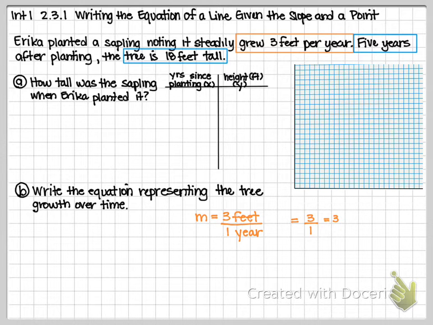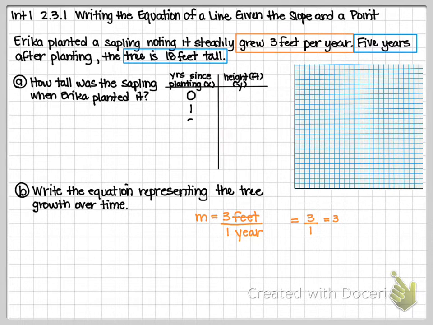I think I'm going to need to figure that out. But I have enough information to actually figure that out. So I'm going to go down to my part A here, where I have a table kind of set up. I'm trying to find out how tall the tree was in the beginning. So it's 0. I don't know what it is. But I think with slope, I could probably figure it out.